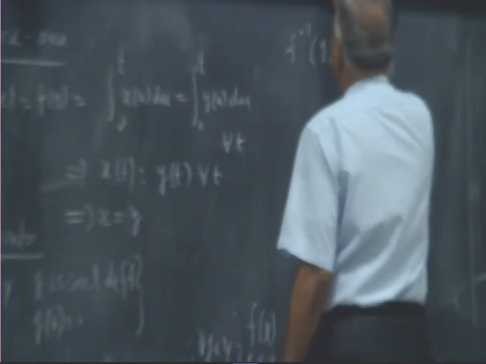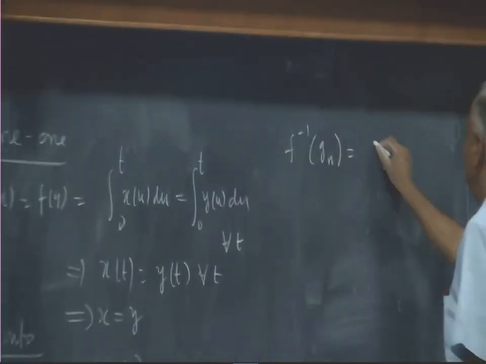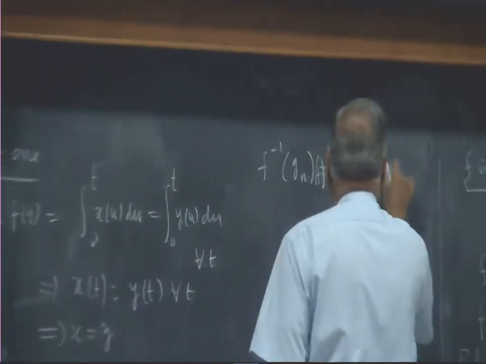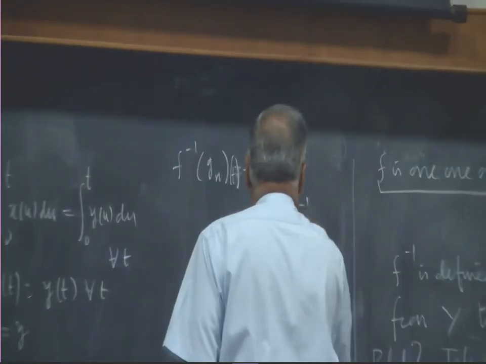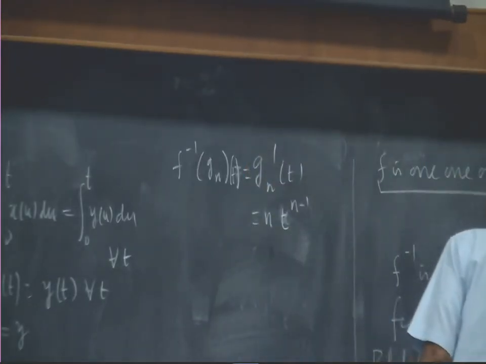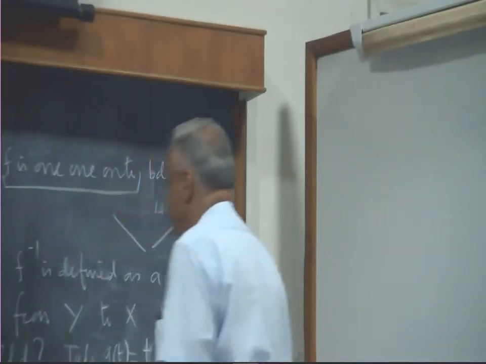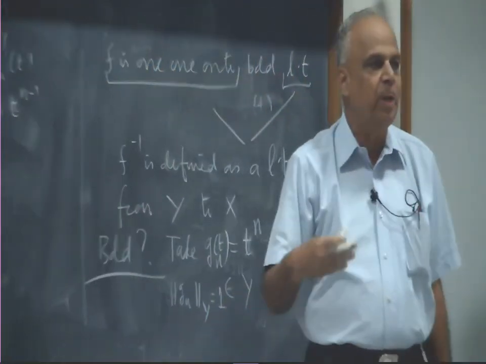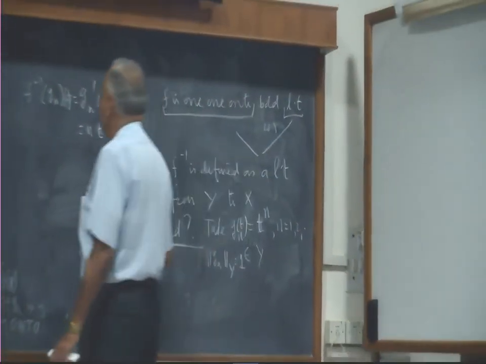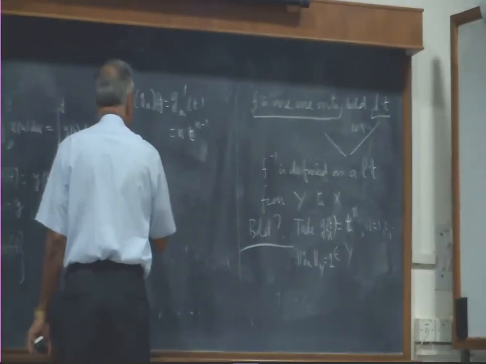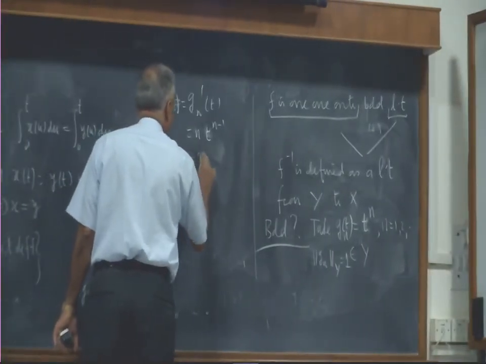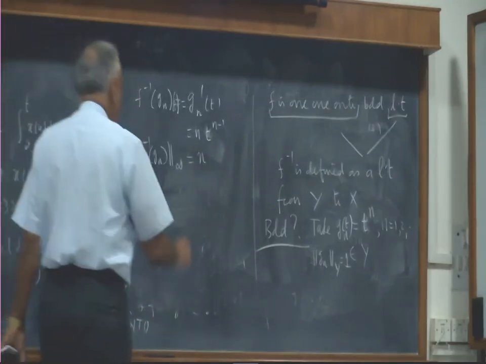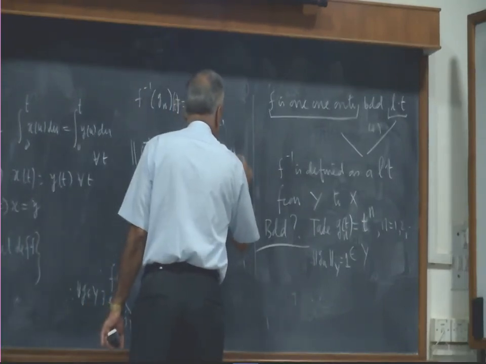Remember, I let x be equal to g_n prime. So F inverse g_n at t is g_n prime t, which is n t to the power of n minus 1. Therefore, the maximum, which is this, is equal to n, which is n times the norm of g_n.